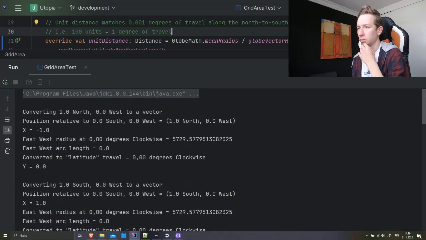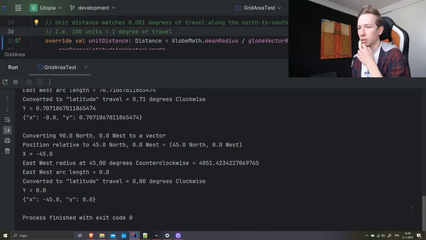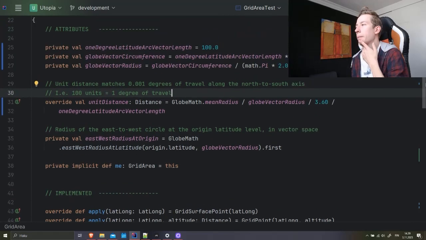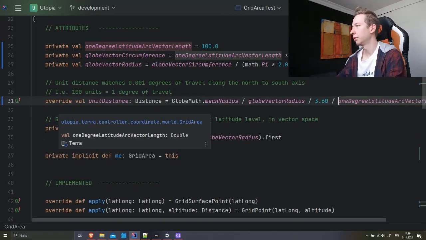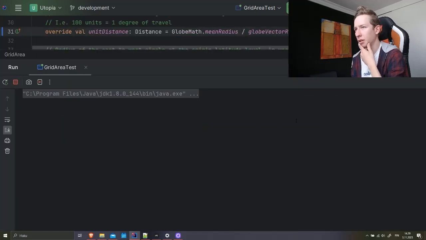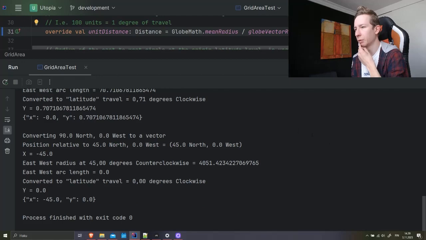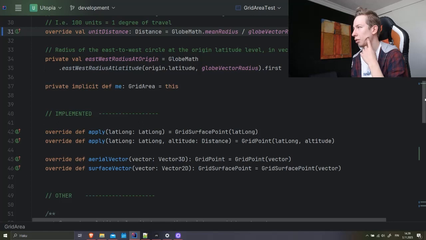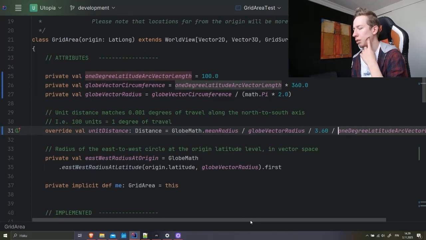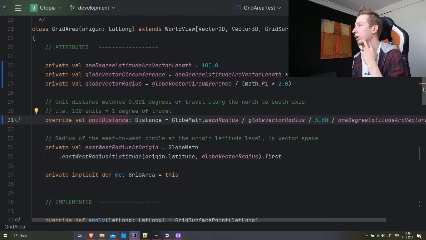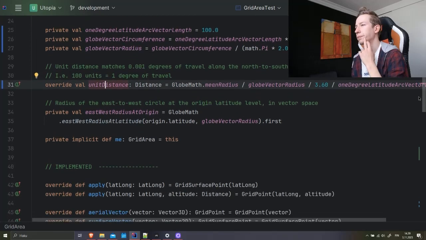Okay, that's not good. Nothing changed. I wonder if this applies. Obviously it should change something when we divide something by 100, but why is it not changing? Unit distance. Well, unit distance is not used anywhere, so that makes sense why it's breaking.